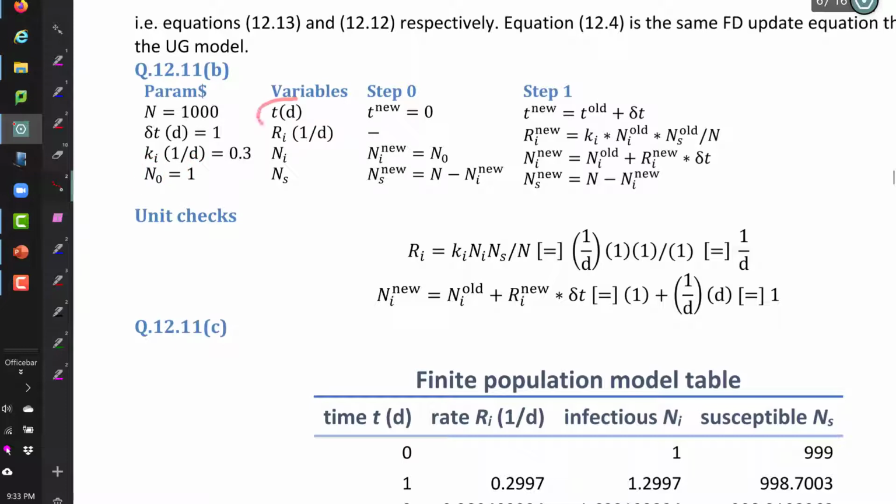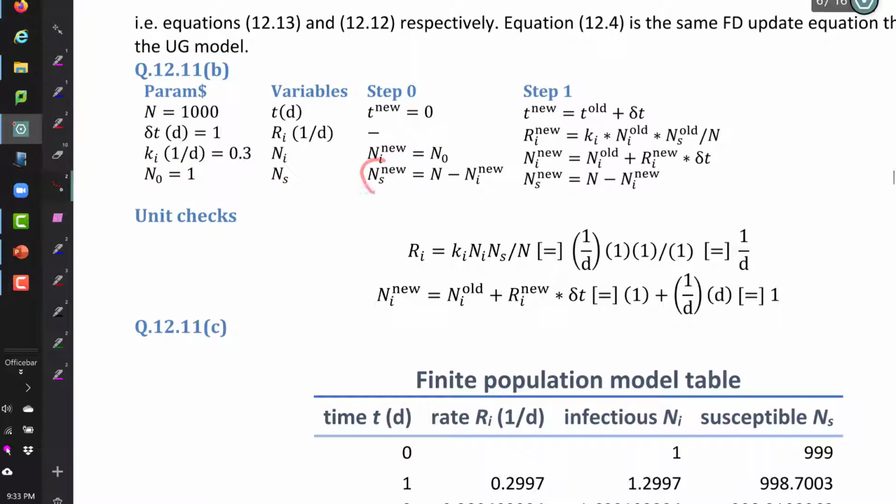The variables, time has units of days. The infection rate has units of per day. And NI and S, the number of infected and susceptible, are just numbers, so they don't need units. In step 0, we set time to be 0, right? The new just means the value of time in this step. The value of the number infectious is just the number that we want to start with, which was the number we just talked about, 1.